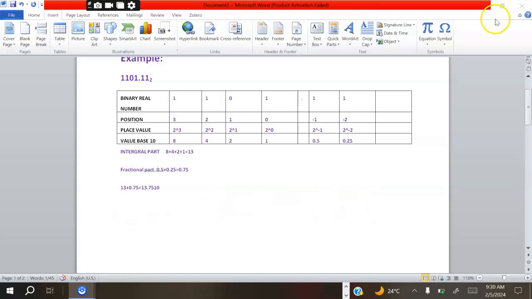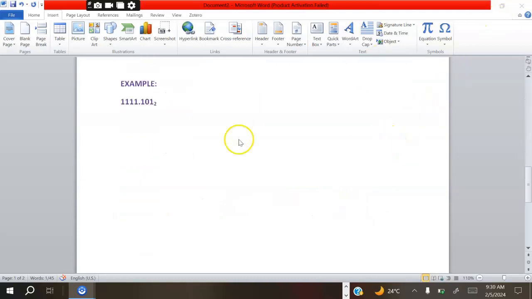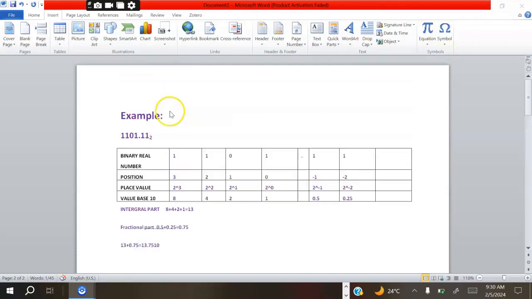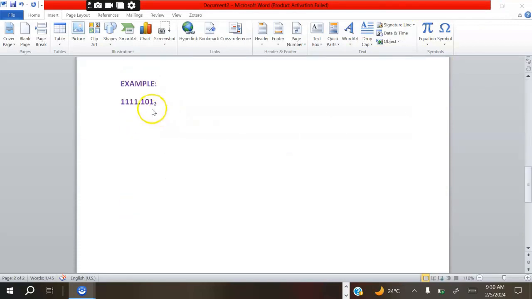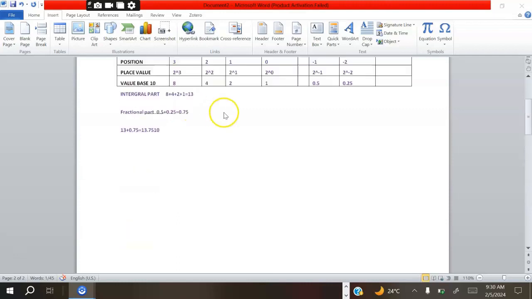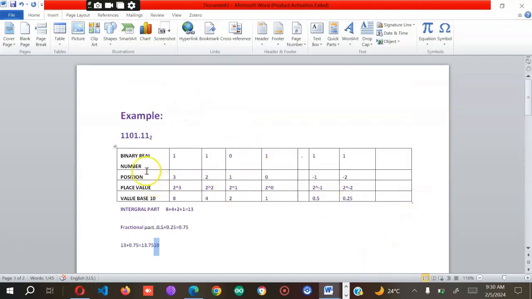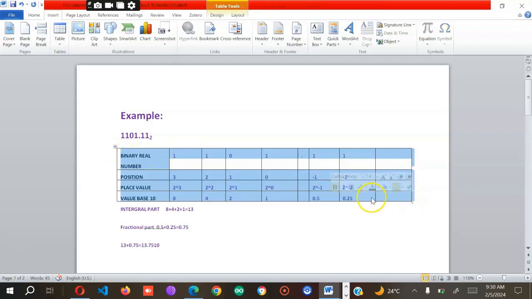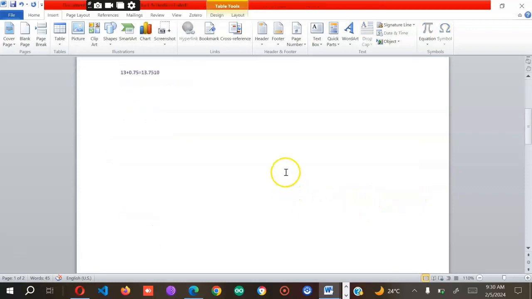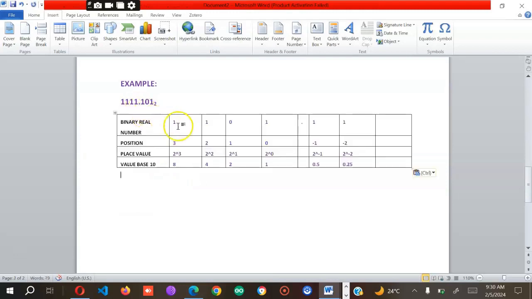Okay, having done that, let's move to our next example where we have 111.101. Okay, let me copy the table to make my work easy.